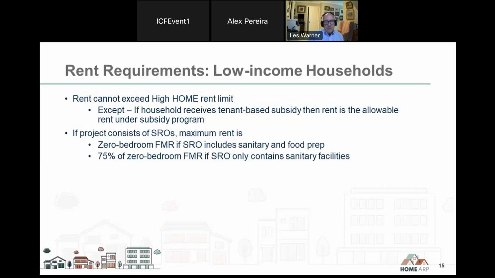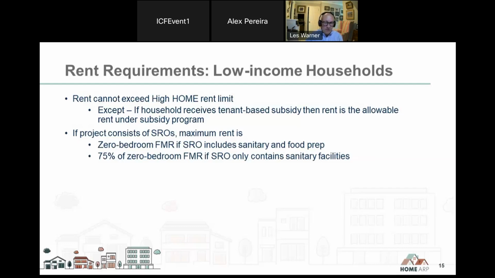But if we have some other types of units, such as a single room occupancy, that's what an SRO is, then the maximum rent is not going to be the same as a 1-bedroom unit. It's going to be based on the kind of facilities that that single room occupancy unit has access to.